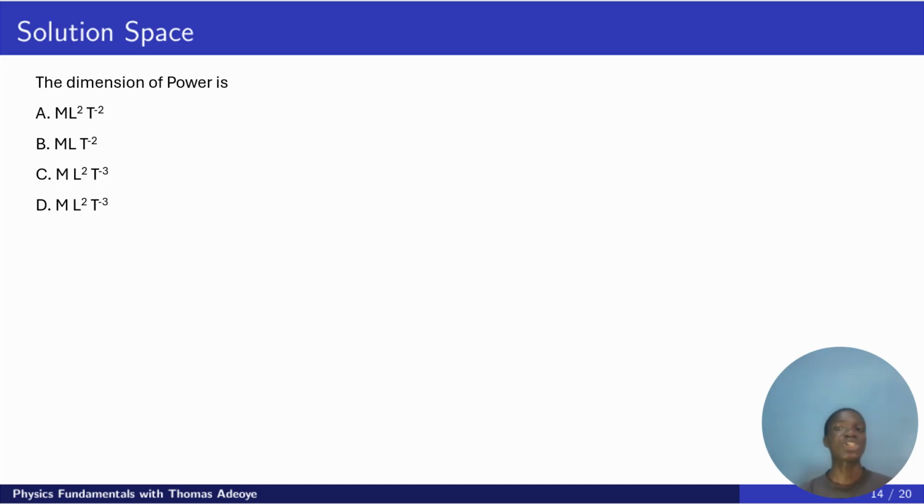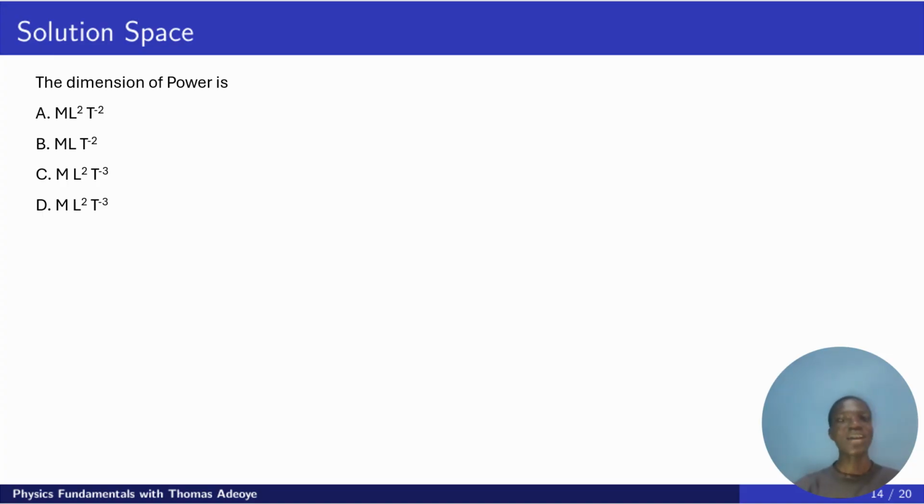Now the dimension of power. Power is the rate at which work is being done. So it is the rate of change of energy, let's put it that way.